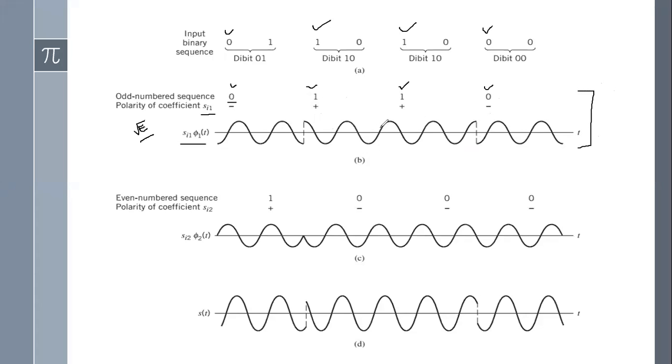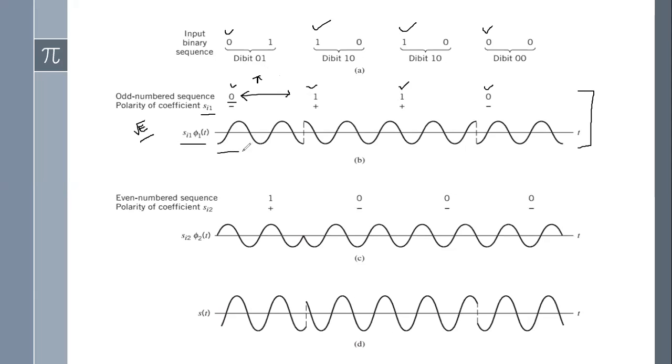The phase difference between these two symbols 0 and 1 is pi. The same thing that we have done in binary phase shift keying. If in BPSK I represented 0 with cos 2 pi fct, I represented 1 with cos 2 pi fct plus pi, or minus cos 2 pi fct. The same thing we have done here.